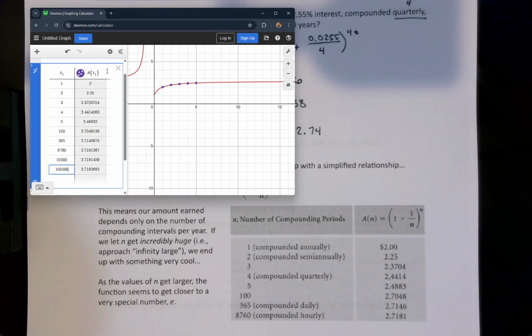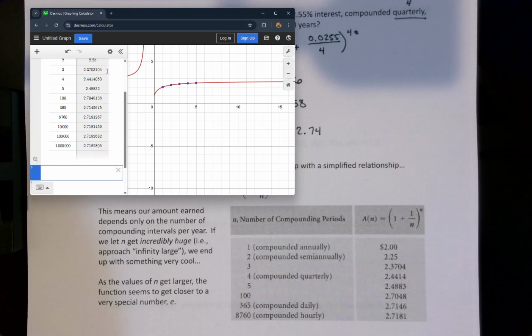And what we notice about this number is that it doesn't get a whole lot bigger. If I go for 1,000,000 compoundings, it's not a whole lot different than it was for 100,000 compoundings, even though I increased by 10 times as many compoundings. That number might look familiar.